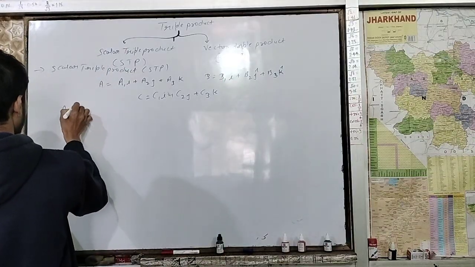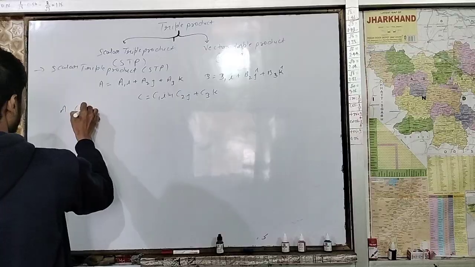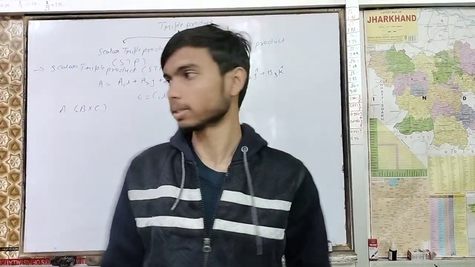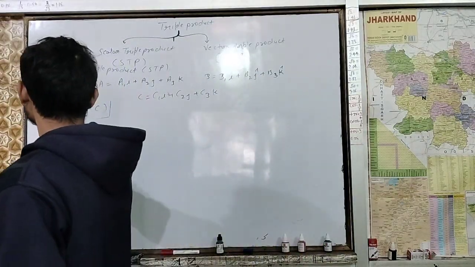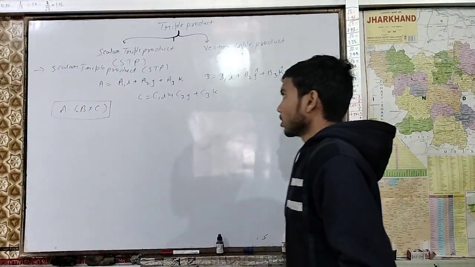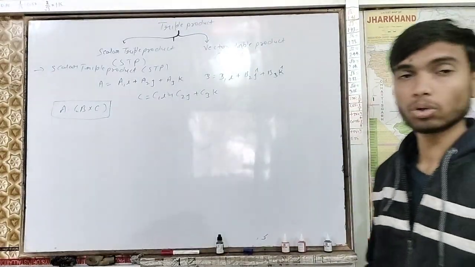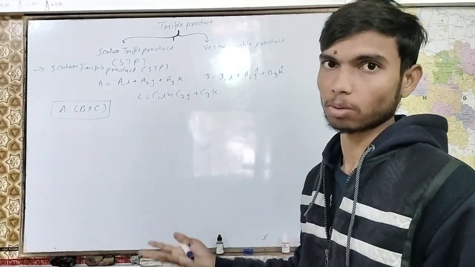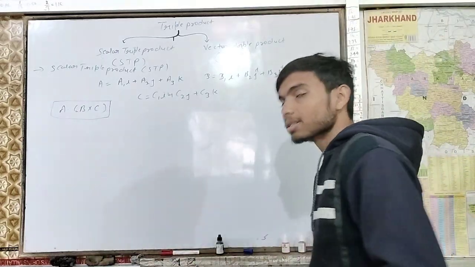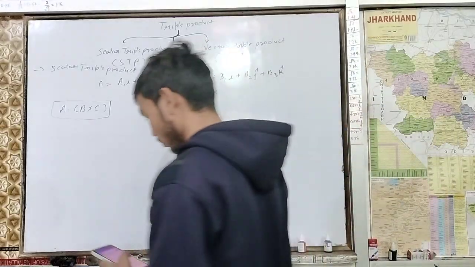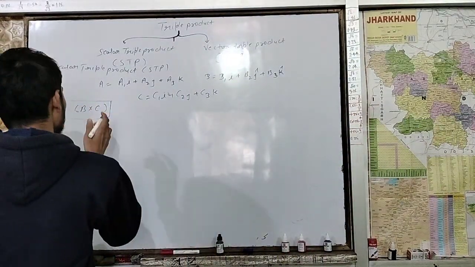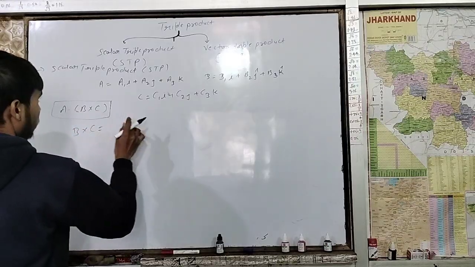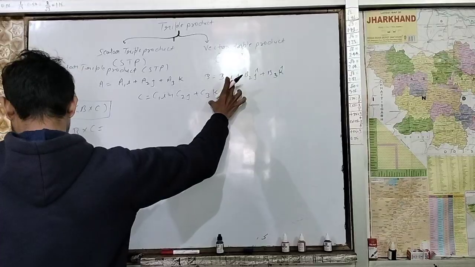So the formula is a dot product, b cross c. This is our formula. First, your work is to multiply b by c using the cross product. So let's first find b cross c, only these two vectors we are going to take.